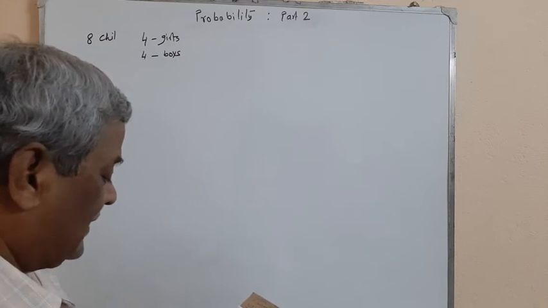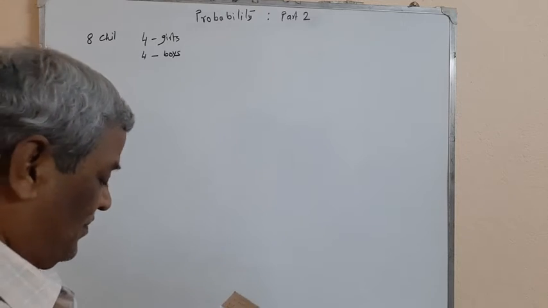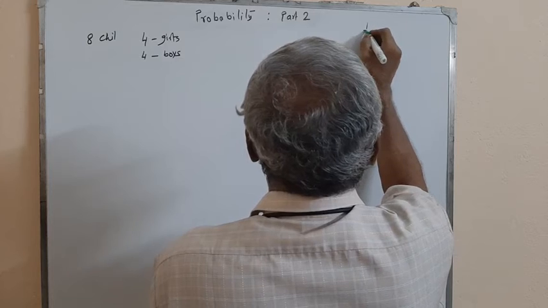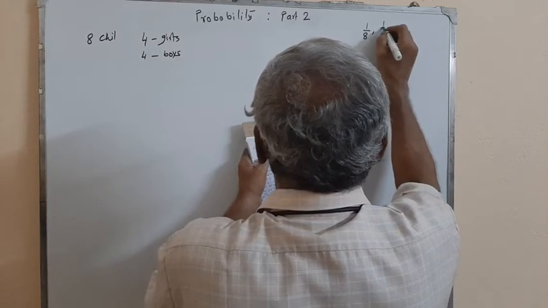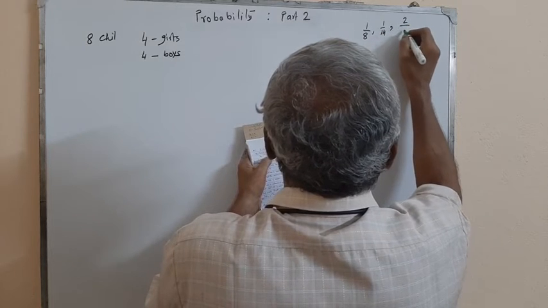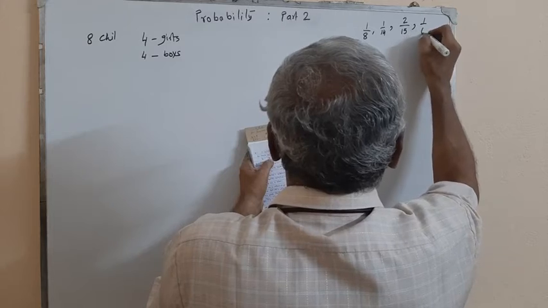The probability that no two girls will be side by side. Options: 1 by 8, 1 by 14, 2 by 15 and 1 by 6.